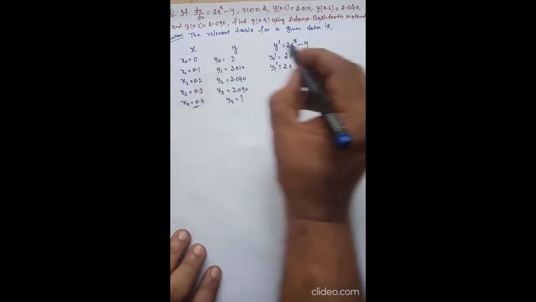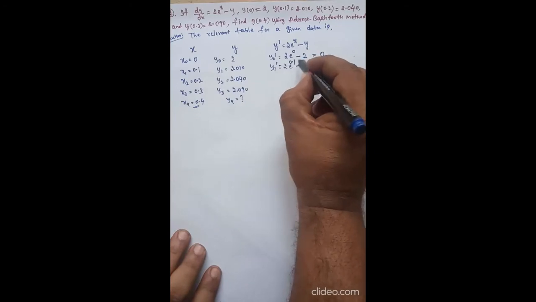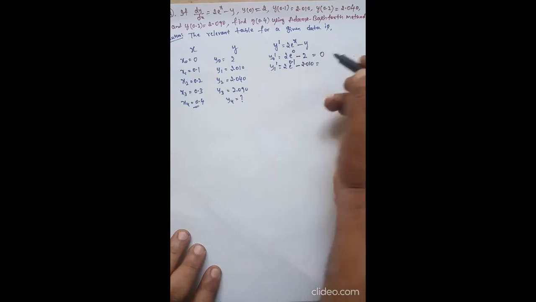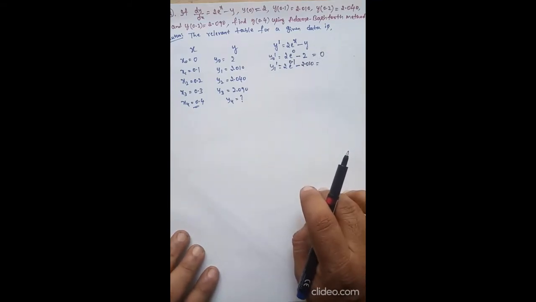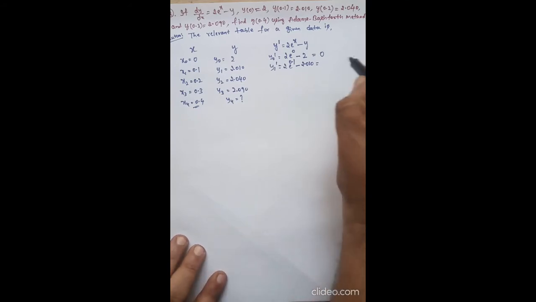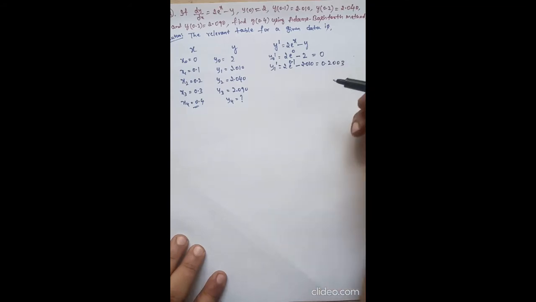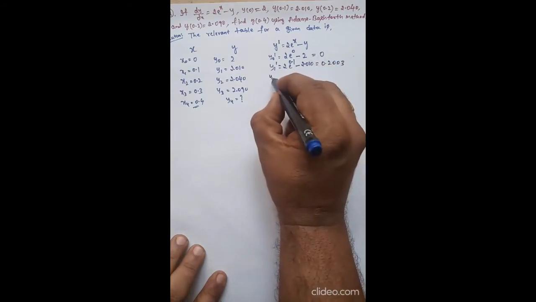What is x now? 0.1 minus y. What is y? 2.010. So simplify this, we get the value of y1 dash. It is 0.2003. Use your calculators.